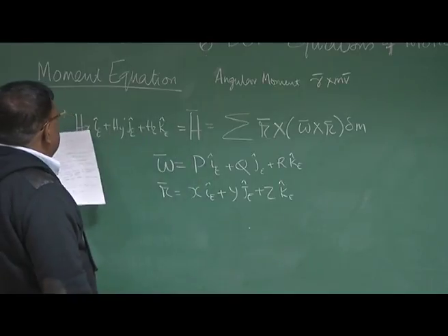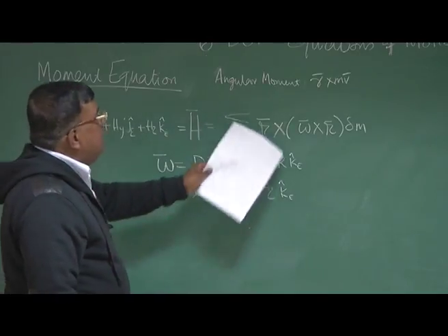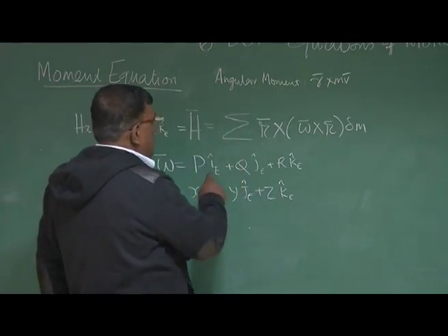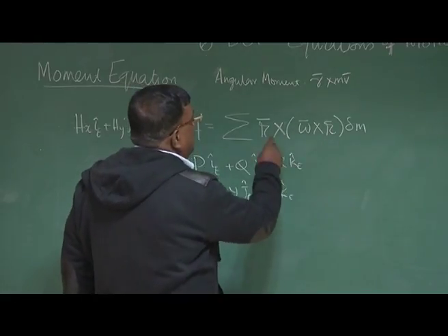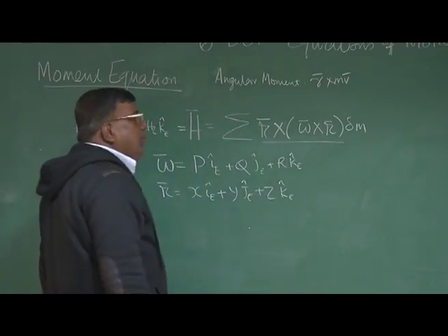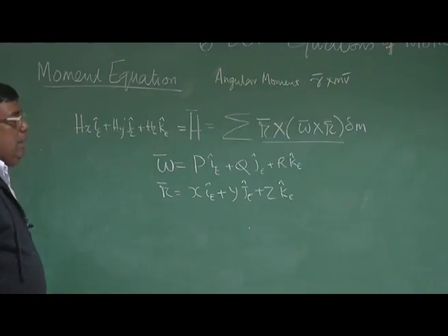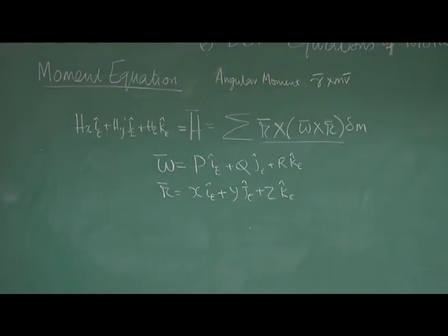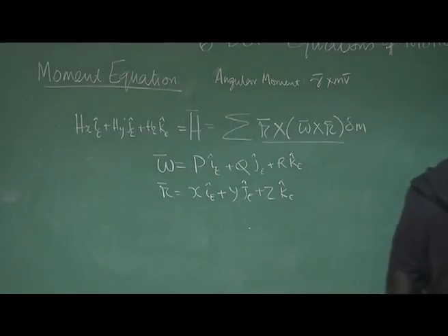What will I do now? I need to find Hx, Hy, Hz. So I will put r here, I will put omega here, and I will use the property of the vector triple product, and I leave it to you. You should be able to derive it. If I do the vector triple product expansion, I will get an expression like this.